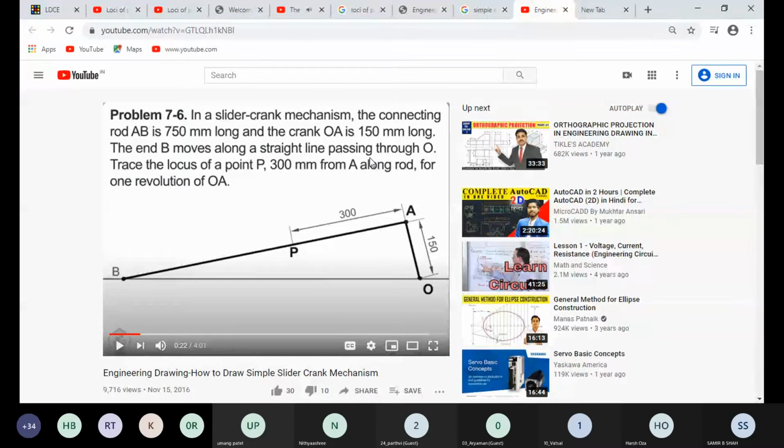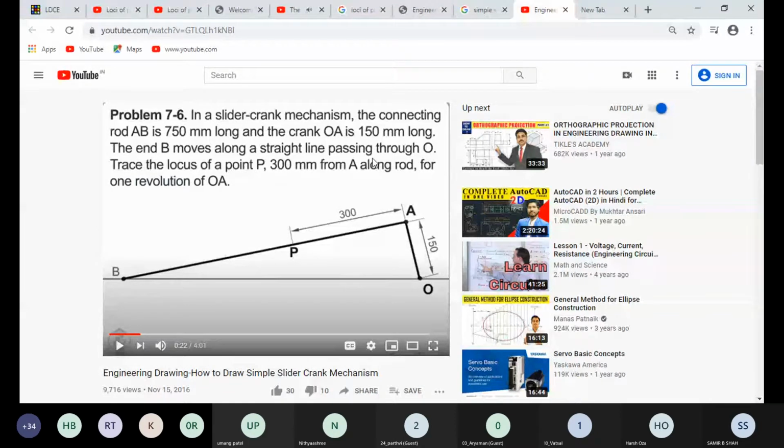But one thing you have to remember: when the dimensions are too large, as you can see here, 150 mm and 750 mm, at that time we take a scale. So why do we have to take a scale?